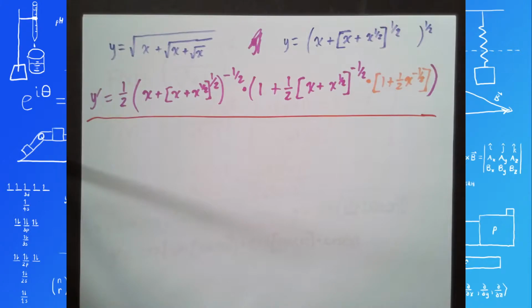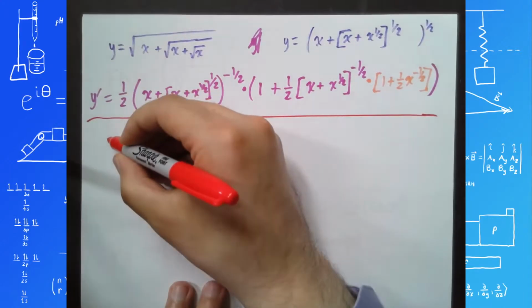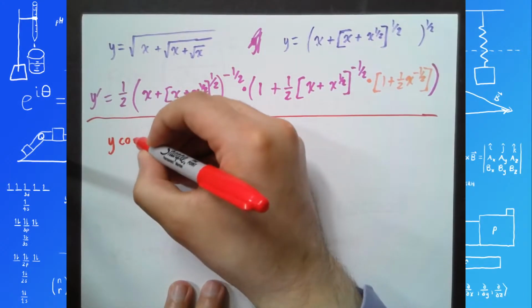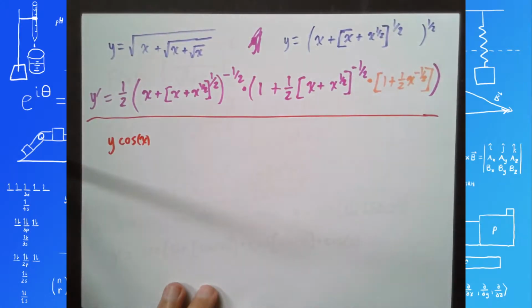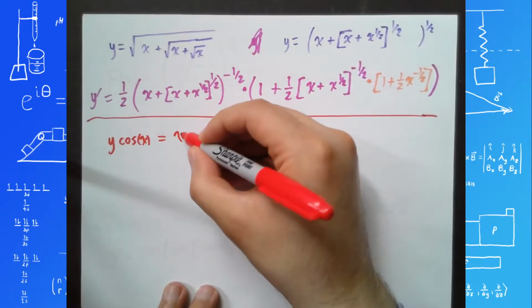Let's do... How about this one? This one should be one of the simpler examples. y cosine of x equals x squared plus y squared.